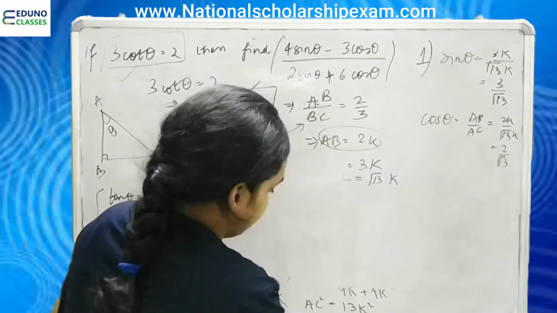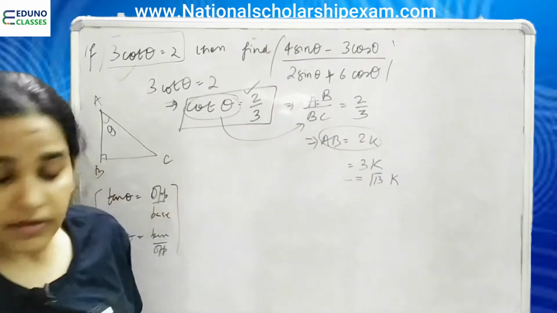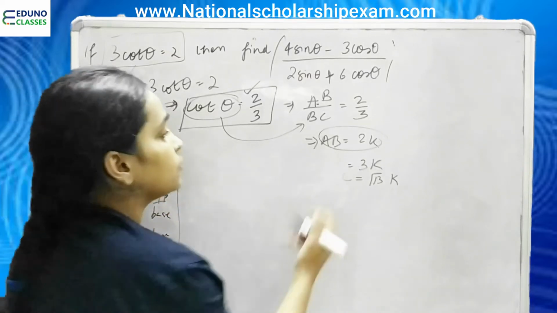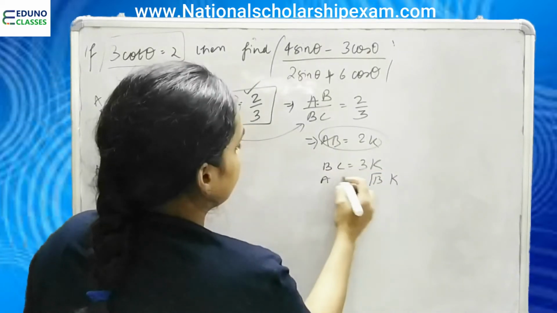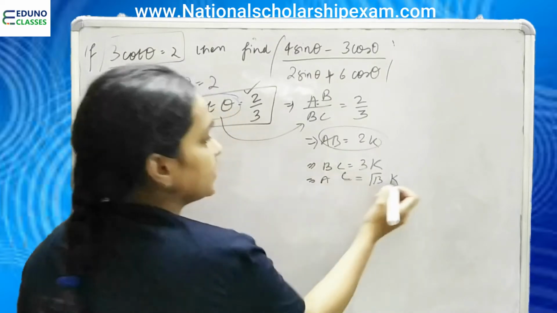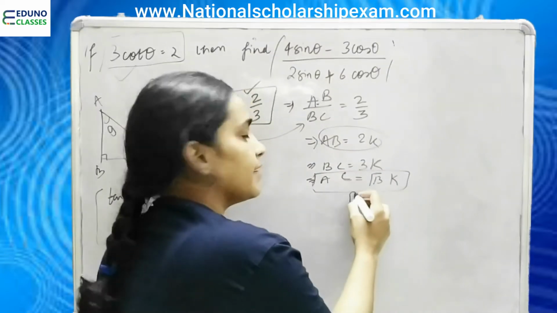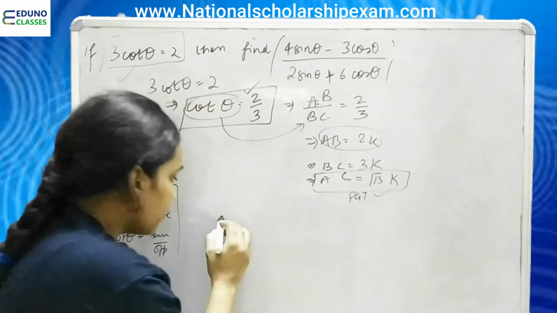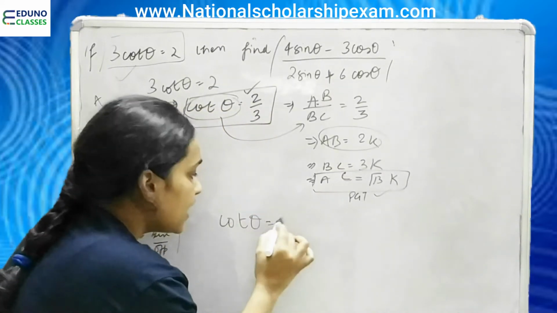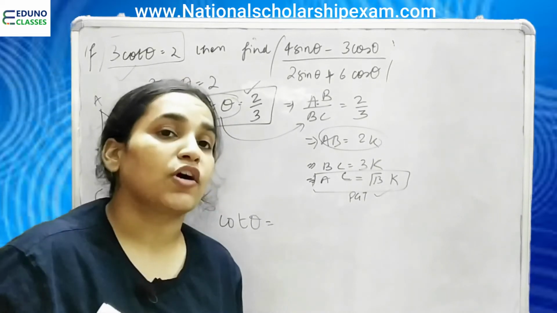Let's just remember how we found this. So this was 3k is BC and this is AC. Okay, this AC we found out with the help of which theorem? Pythagoras theorem. Fine. Now, we know cot theta. What is the formula for cot theta in terms of sine and cos?